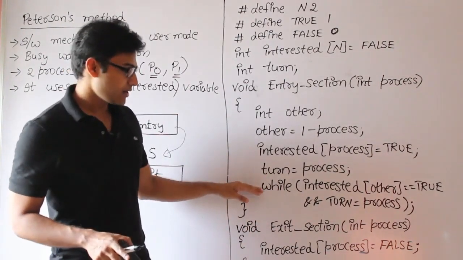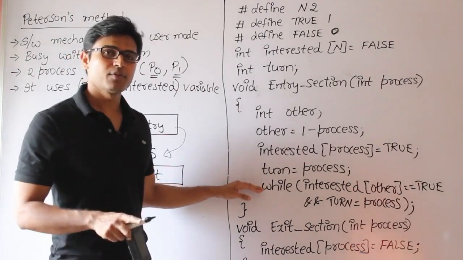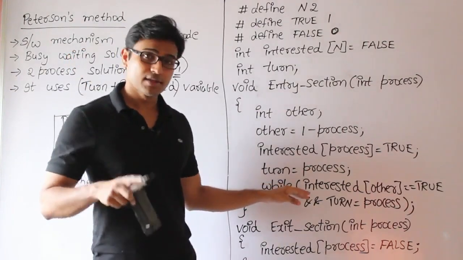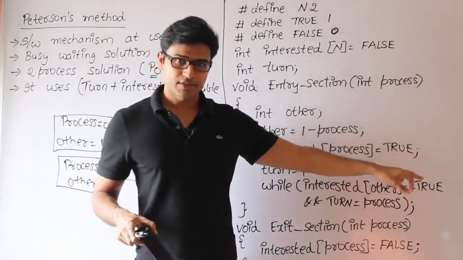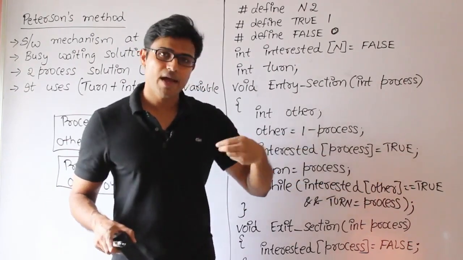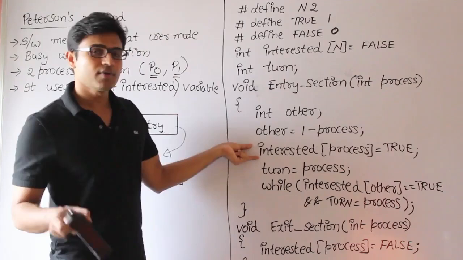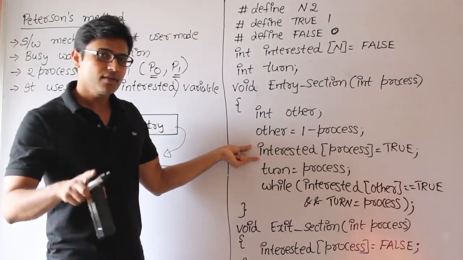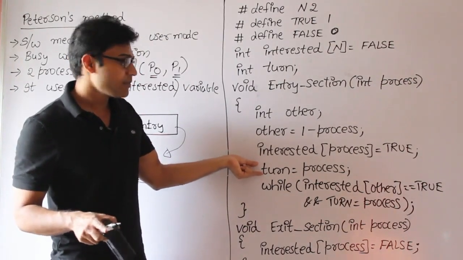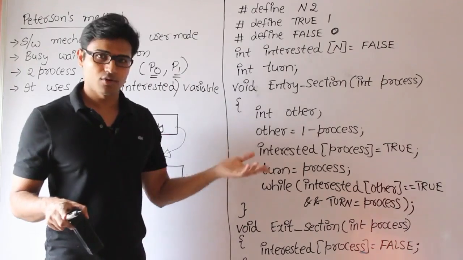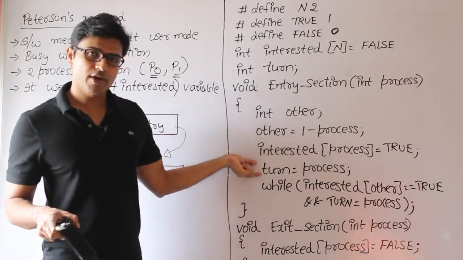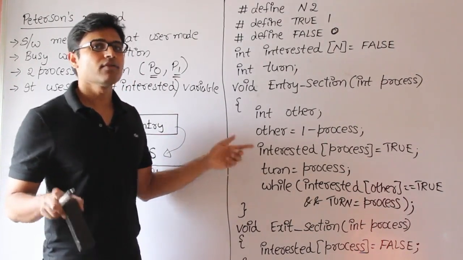So for now, understand that this process is thinking that the other process is already interested, and turn equal to my ID, which means the other process has already set interested as true, and then it might have made turn equal to process, or I don't know, but I am the last one to have updated the turn. Then I'll wait.